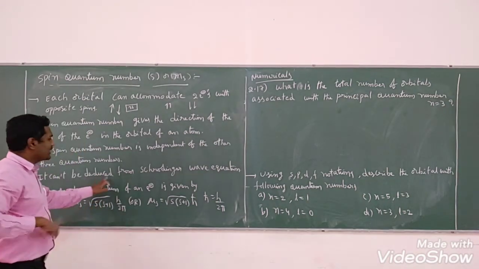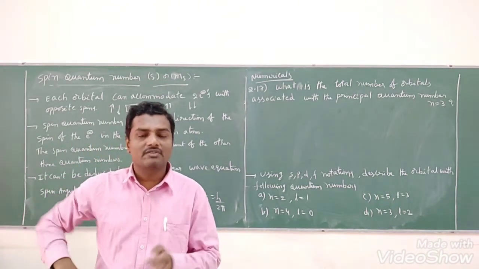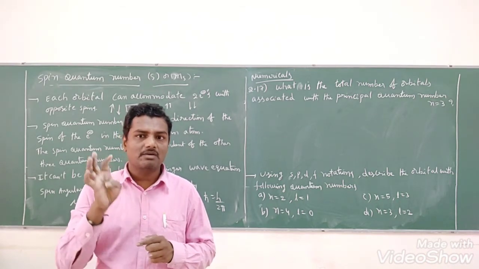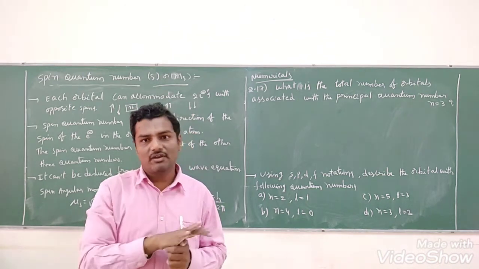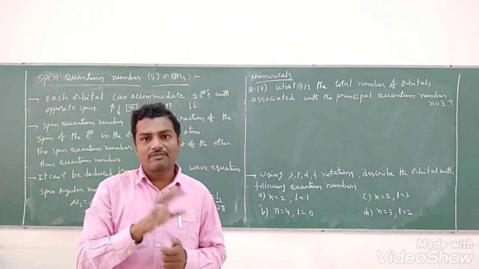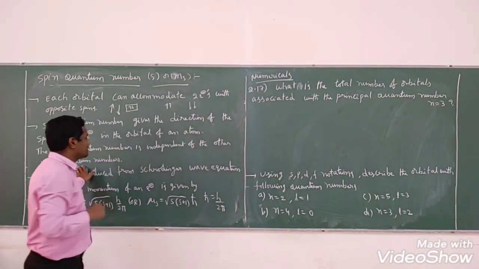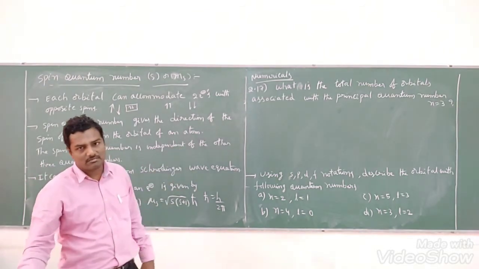So it cannot be deduced from Schrodinger wave equation. Then what quantum numbers are deduced from Schrodinger wave equation? n, l, m. Principal quantum number, azimuthal quantum number, magnetic quantum number are the solutions of Schrodinger wave equation, but not the spin quantum number. So that's why spin quantum number is the only quantum number independent of all other three quantum numbers.